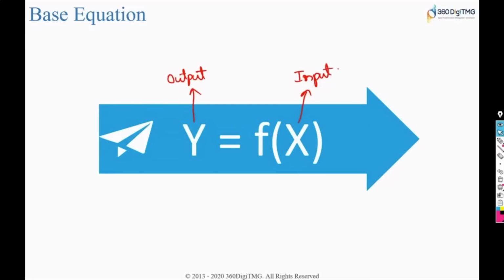For example, say you want to measure the weight gained by a person during the lockdown. Lockdown going on everywhere, people are gaining weight. So how much weight did you gain? Right? Weight gained depends on what? It depends on an input called calories consumed.